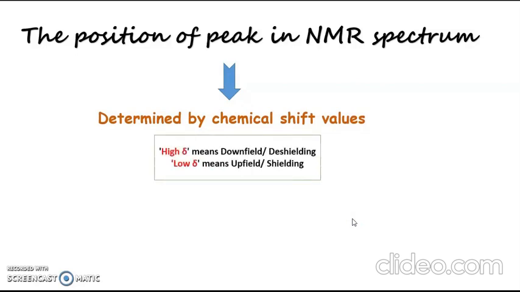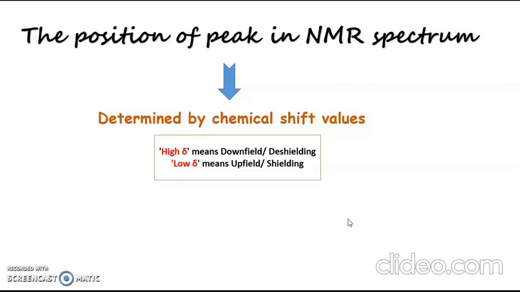What does a low chemical shift value mean? It means the nucleus is highly shielded, so it needs an upfield or increased magnetic field. TMS has the delta value 0, which means it has a low delta value, a shielding effect, and needs a high amount of magnetic field.